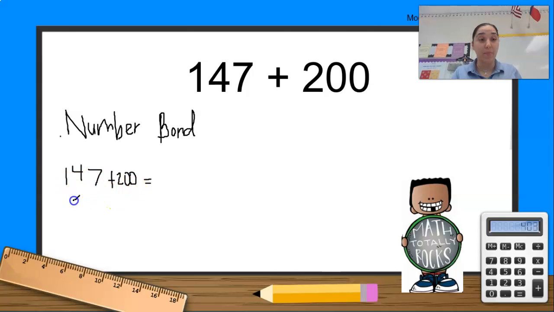Yes, we need to break it apart by hundreds and tens. 147. What do you do next? Yes, we add the hundreds. So 100 plus 200 equals 300.